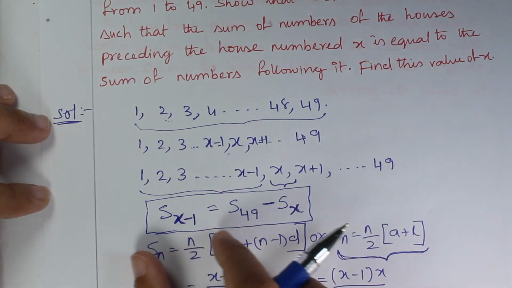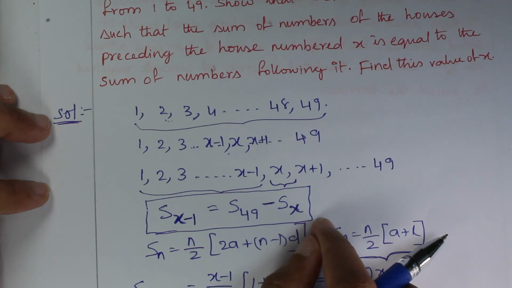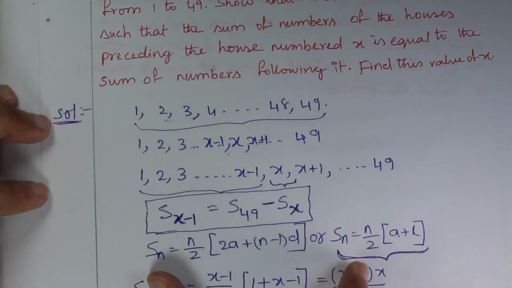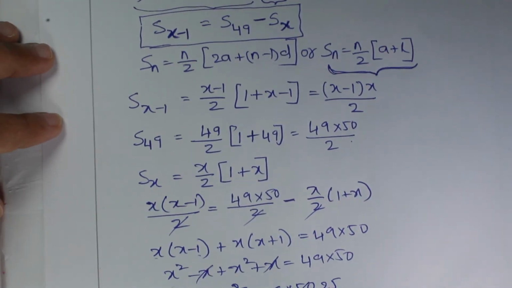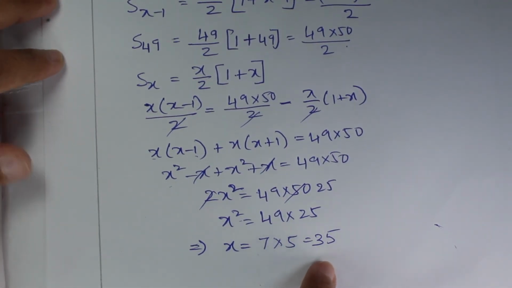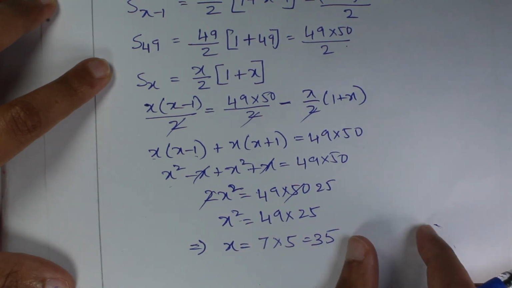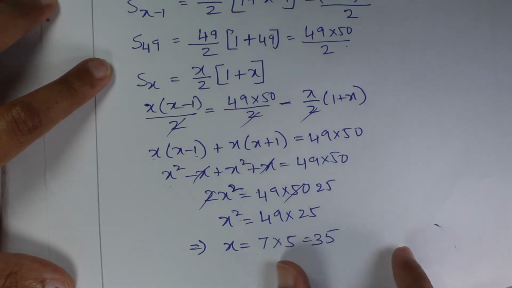So the equation becomes S of x minus 1 is equal to S49 minus Sx. Now I have substituted the values in this equation and solved for x. I got the x value as 35. So the sum of the house numbers before 35 is equal to the sum of the house numbers after 35. So that is the solution.